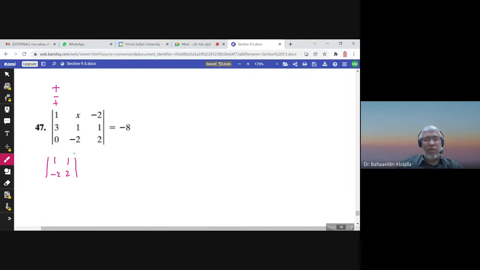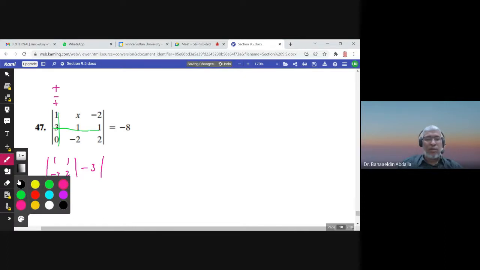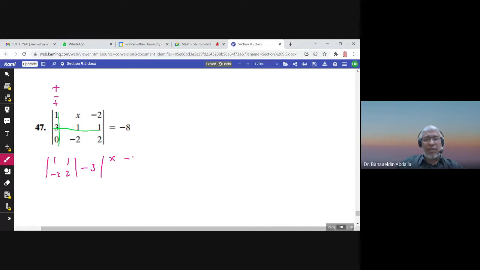The minor of 1. The minor of 3, but remember there is a negative sign. The minor of 3 is what? x, negative 2, negative 2, and 2. This should be equal to negative 8.